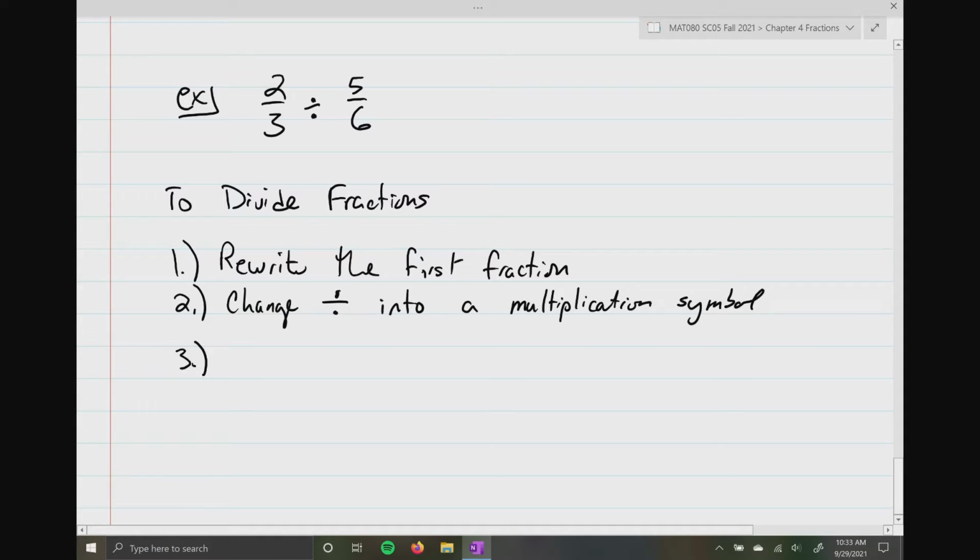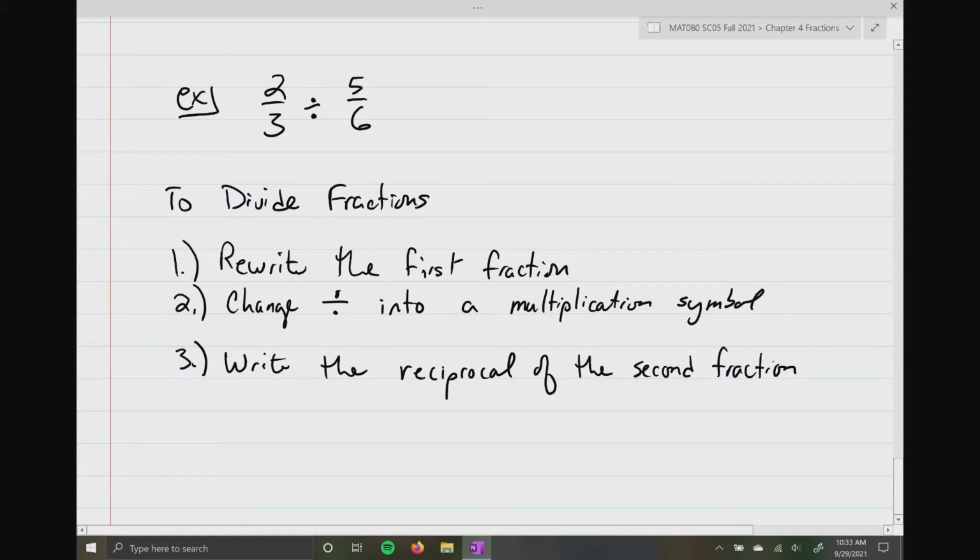Step 3, write the, and this is a real big fancy math word that we're going to do right here, write the reciprocal of the second fraction.